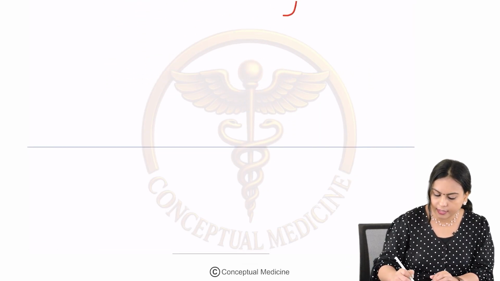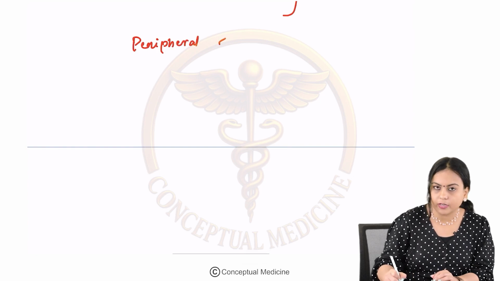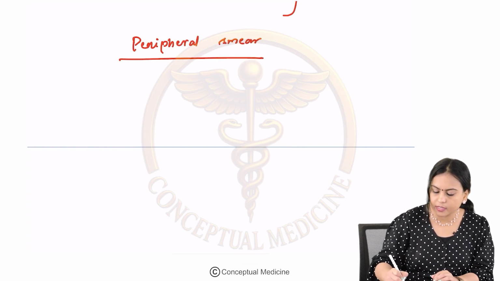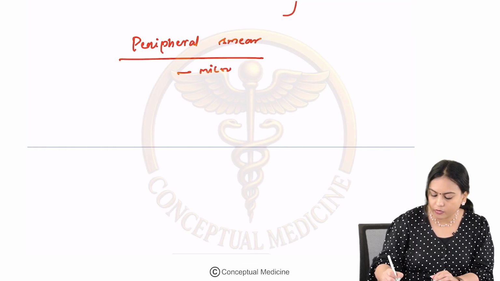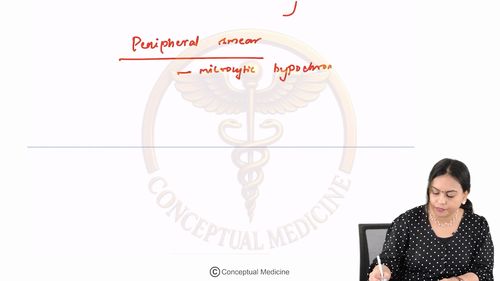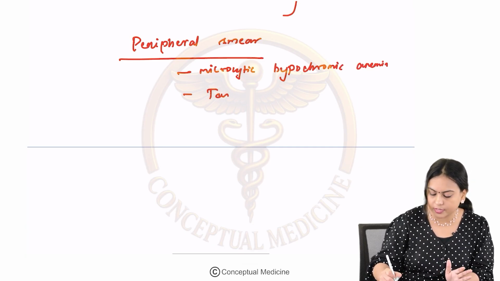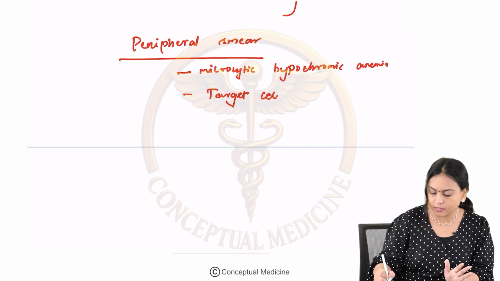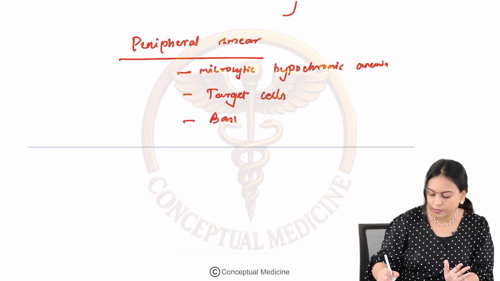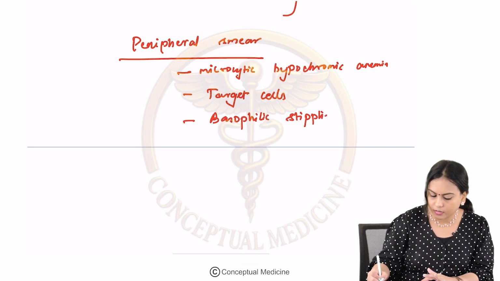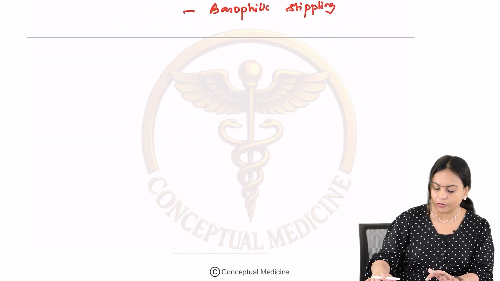And then the peripheral smear, already I told you what kind of anemia you will see. Yes, it is microcytic hypochromic anemia. We will also be able to see target cells. There can be basophilic stippling, then Howell-Jolly bodies.